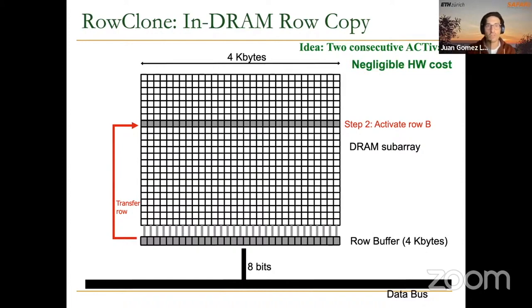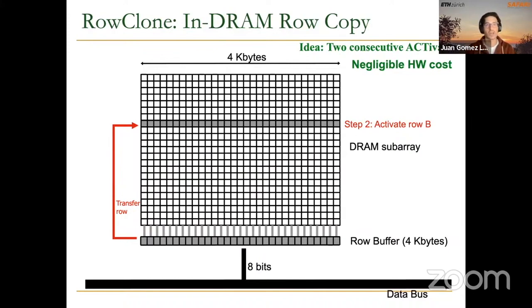Another question is, if this is so simple, why is it not already being done in current computing systems? Don't ask me that question. It's actually feasible. It has even been tested in real off-the-shelf chips by playing with the timing parameters in the access to DRAM.